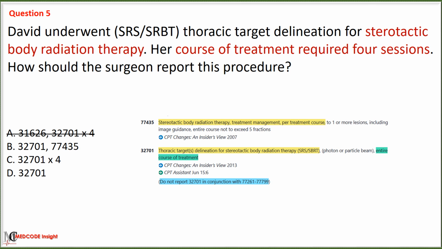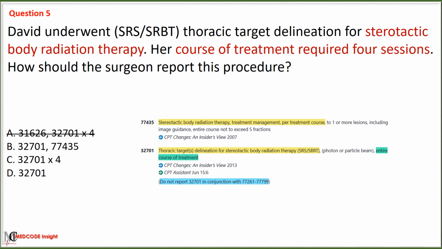Code 77435 mentioned in option B is used for stereotactic body radiation therapy treatment management by treatment course. We will eliminate option B based on the parenthetical note given below code 32701, which states do not report 32701 in conjunction with codes 77261 to 77799.